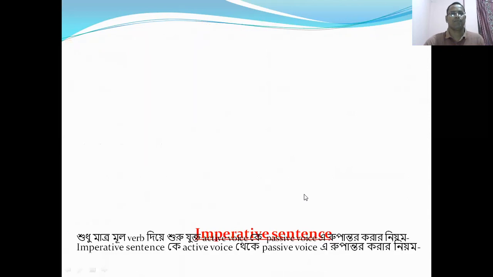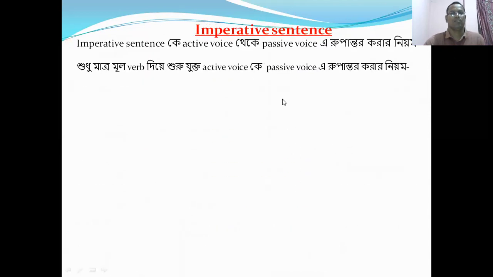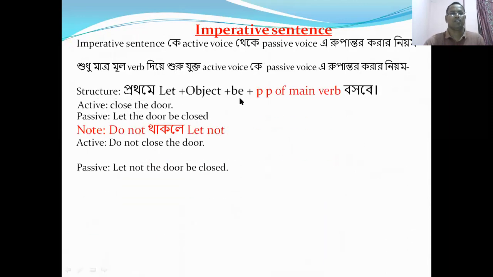Let's see how we can change the voice of an imperative sentence from active to passive. If we get active voice of an imperative sentence, then we have to change to passive in this way. First, we have to use let plus object plus be plus main verb. Active voice: close the door.